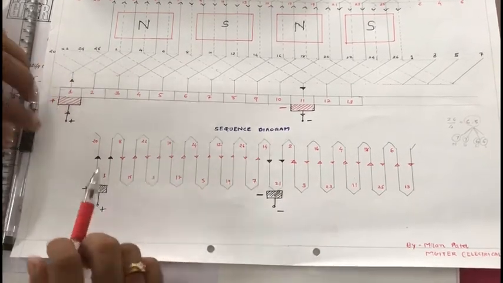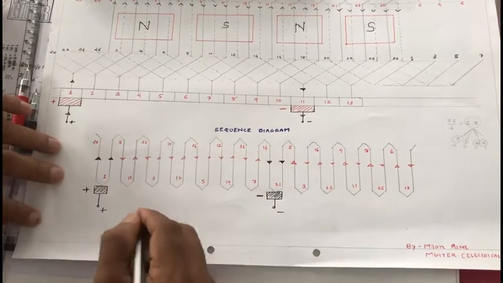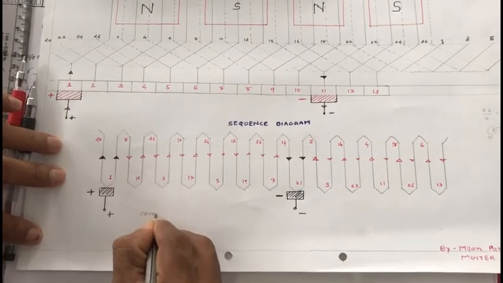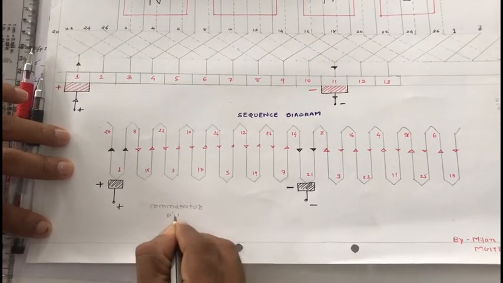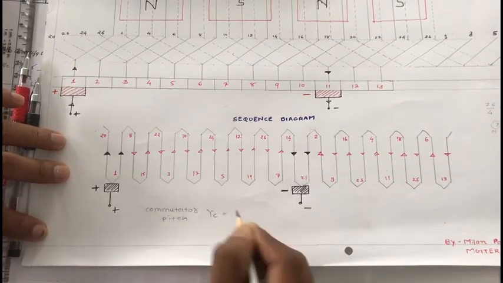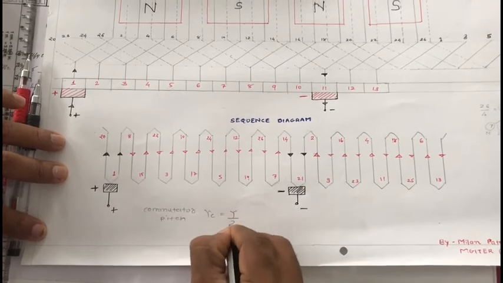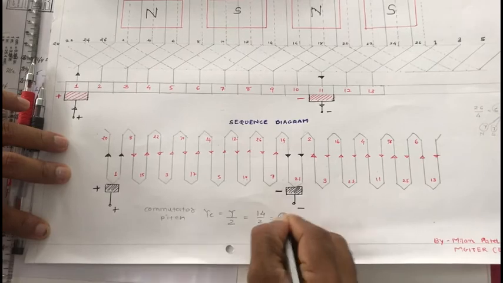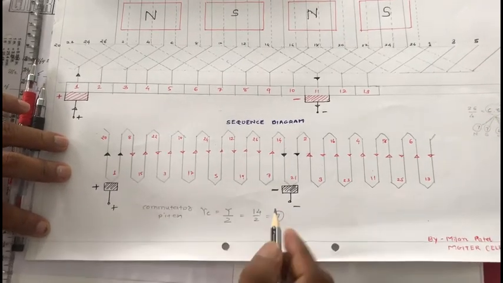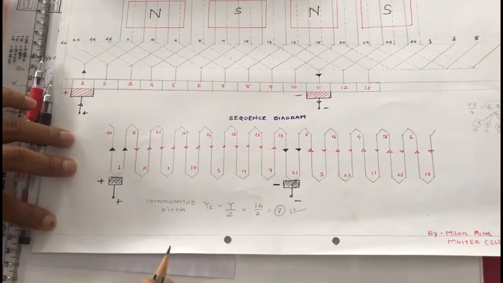One another thing: we know that the commutator pitch YC for wave winding is given by Y by 2, which is 14 by 2 for this example, and it is 7. So this condition is also satisfied here.